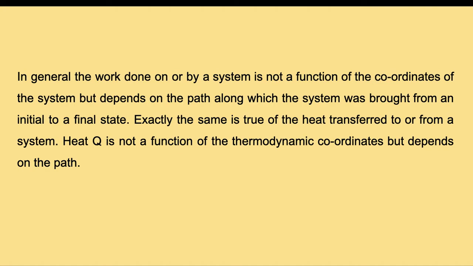So our Q is also a path function that we have mentioned. So that is why you are writing d bar Q and d bar W. And the general way of writing the first law of thermodynamics is in the left hand side you are writing dU, that is an exact differential, and in the right hand side d bar Q and d bar W, they are inexact differentials. So you are separating exact and inexact to two sides.